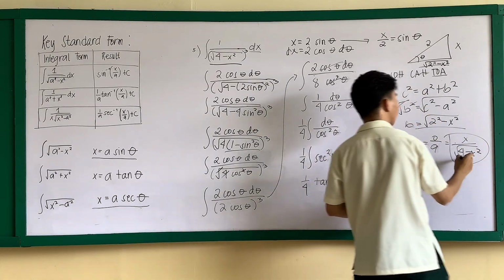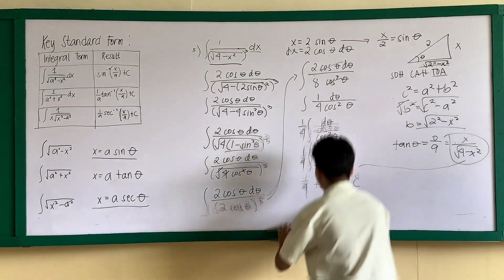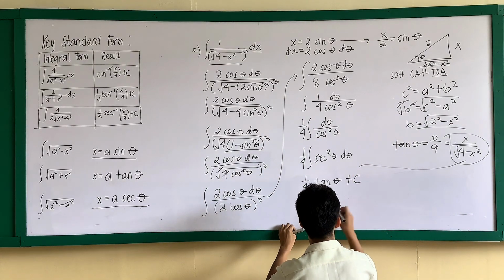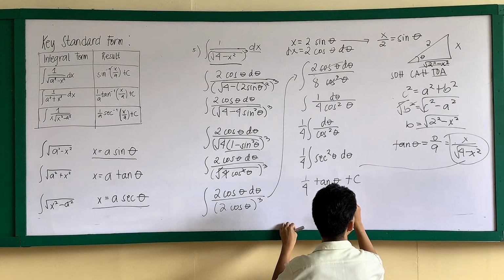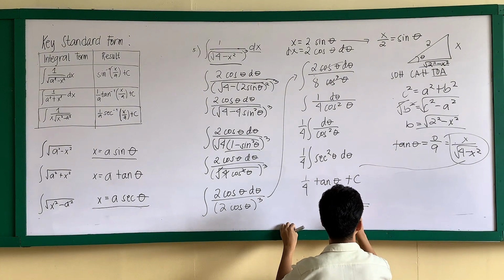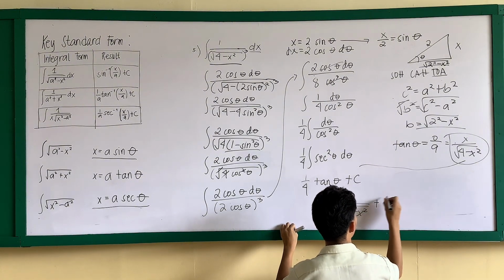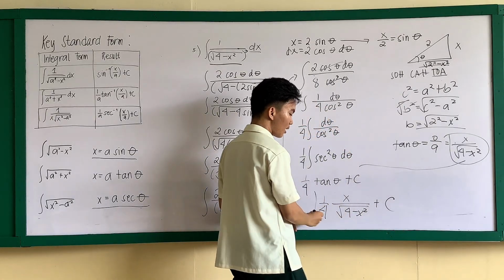So now we can substitute this here to find our final answer. The value of tan is x over the square root of 4 minus x squared, plus c. So this is now our final answer.